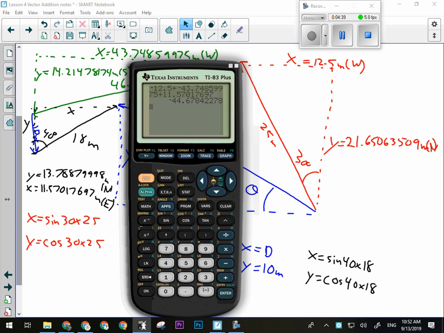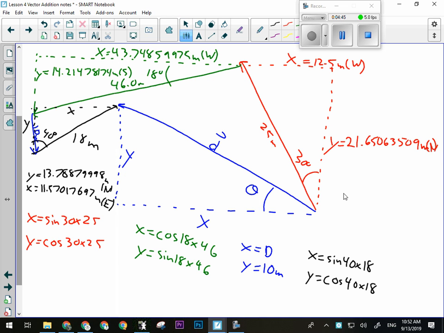All right, so I'm getting that blue x is negative 44.678 meters west. Okay?